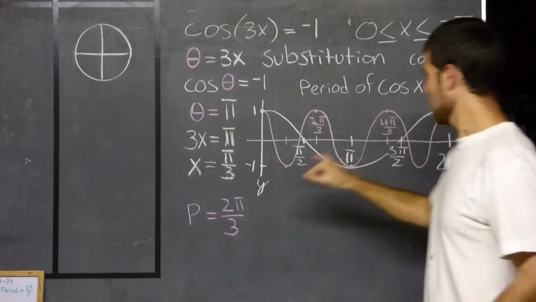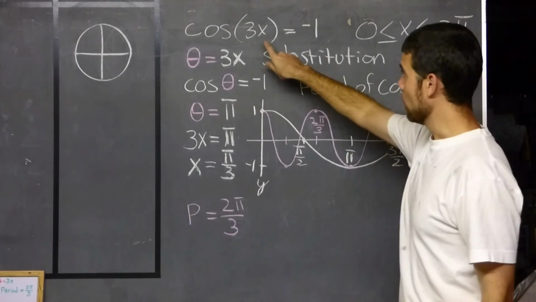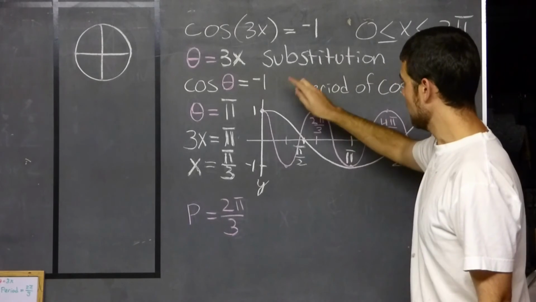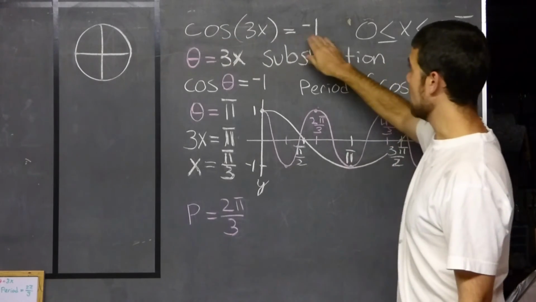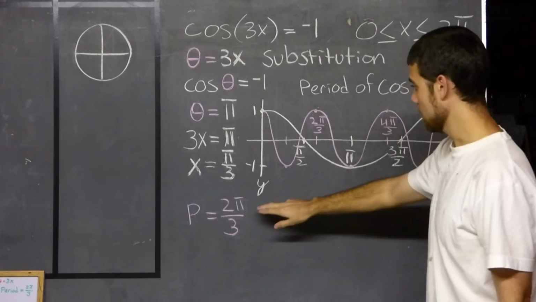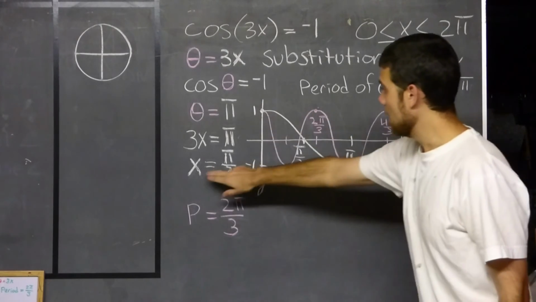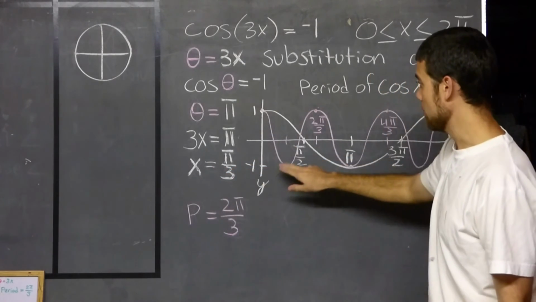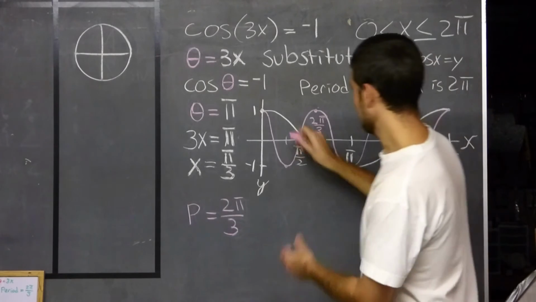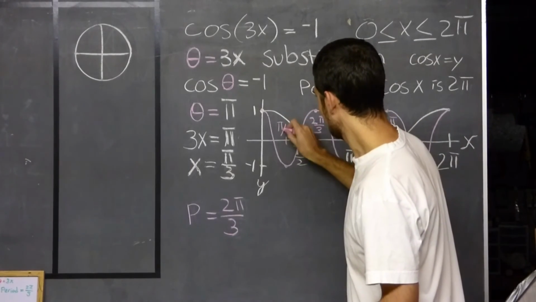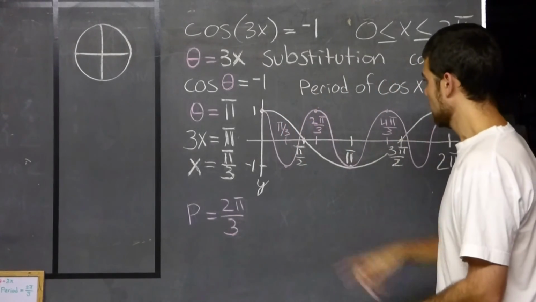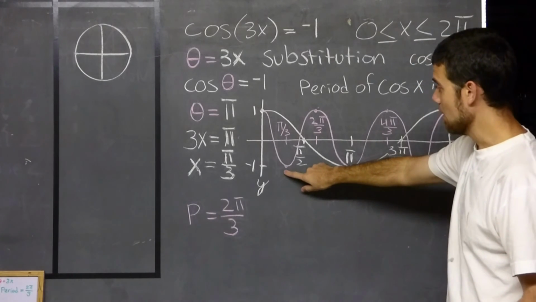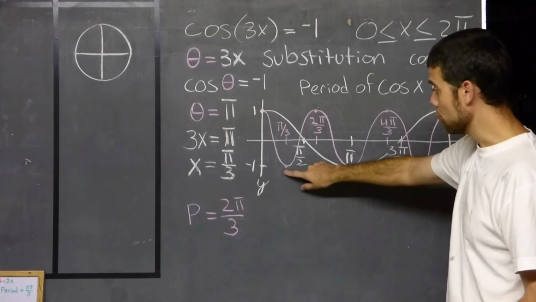Now, what we're looking for is an x value that makes cosine of 3x be -1. Well, we see that that happens at x equals pi thirds, that's here. And then we're going to see it happen every time we go through another period.